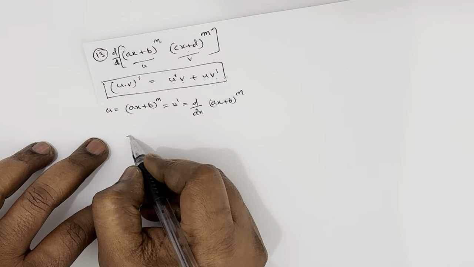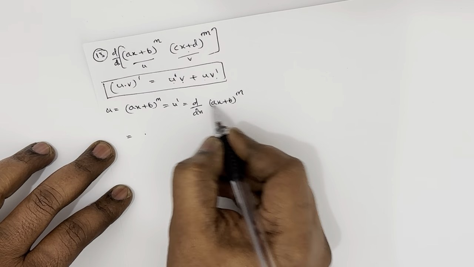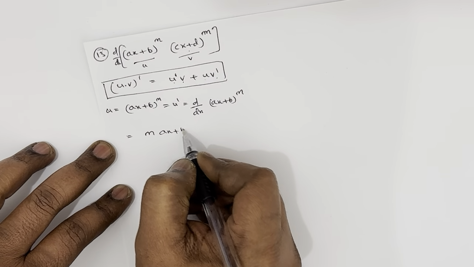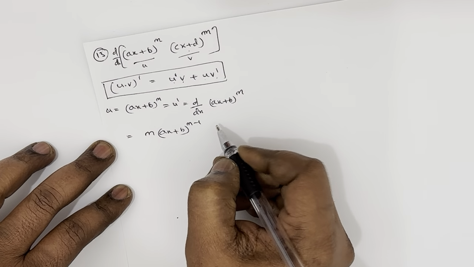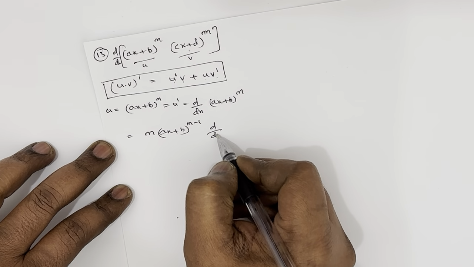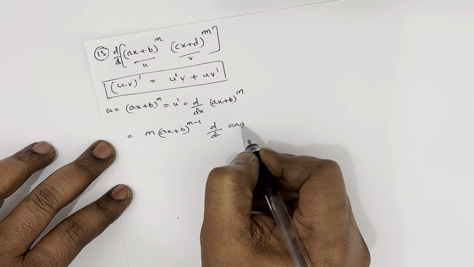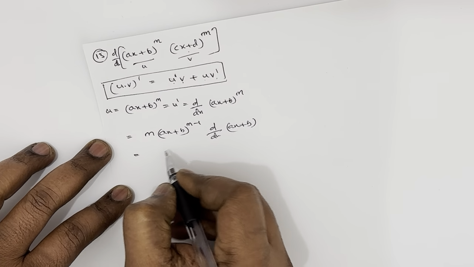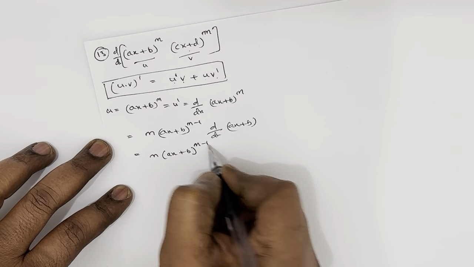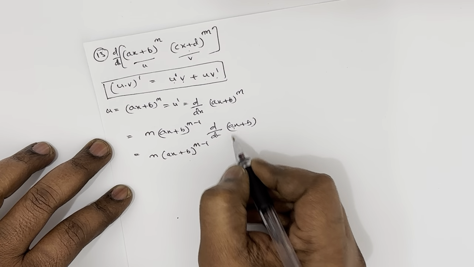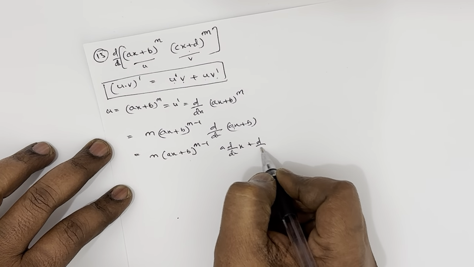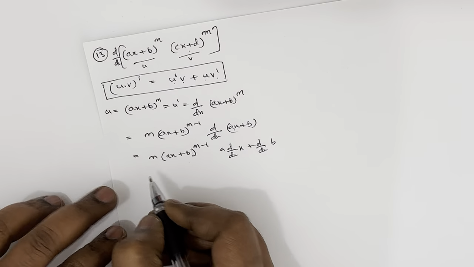So this can be written as n into (ax plus b) whole n minus 1. We are assuming this to be x. Now again chain rule, d by dx of ax plus b. Derivative of ax will be a d by dx of x plus d by dx of b.